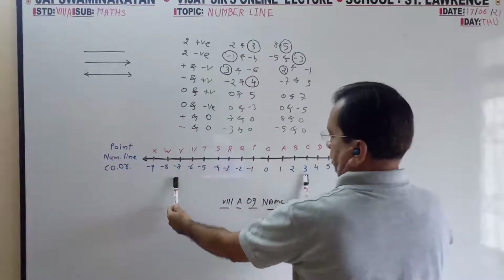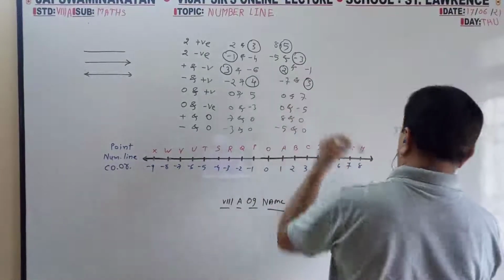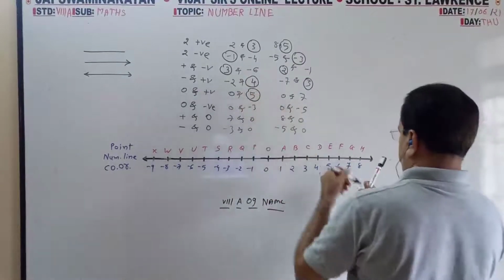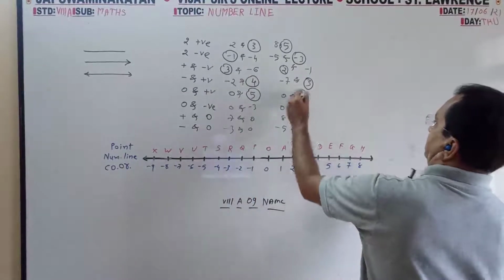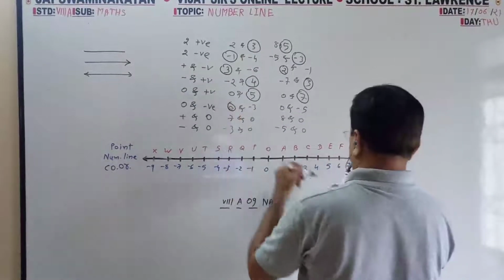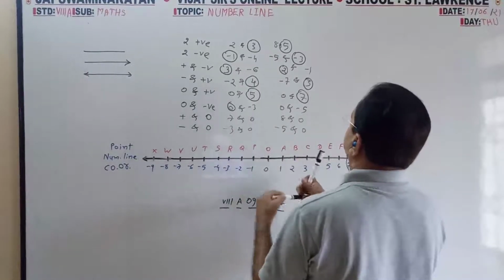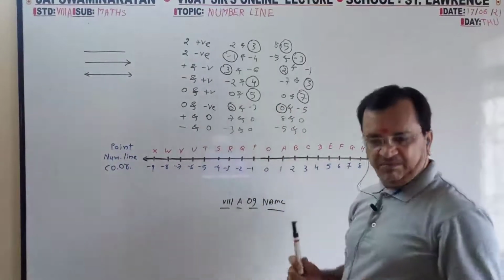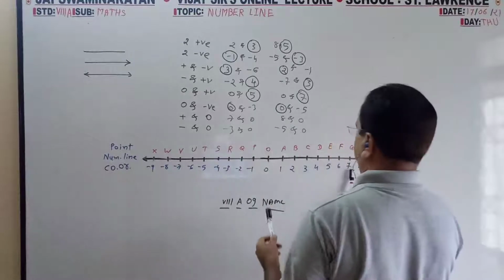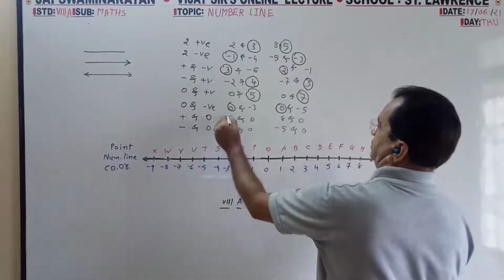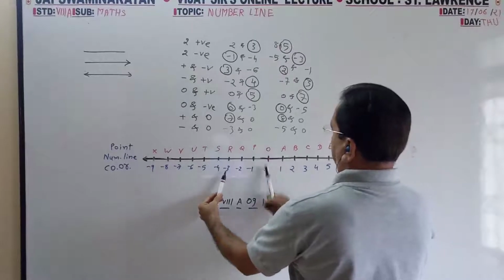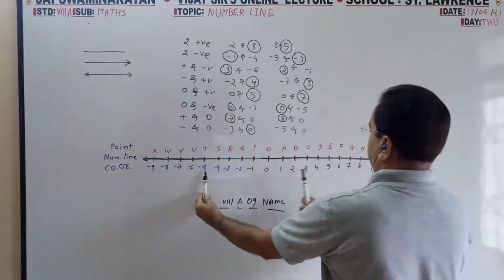Minus 7, 3: the positive number. 0 and 5, 5 is bigger. 0 and 7, 7 is bigger. 0 and minus 3, which is on the right side? 0 is bigger. 0 and minus 5, which is on the right side? 0, bigger. 7 and 0, right side. 8 and 0, right side. Minus 3 and 0, right. Minus 5, 0.